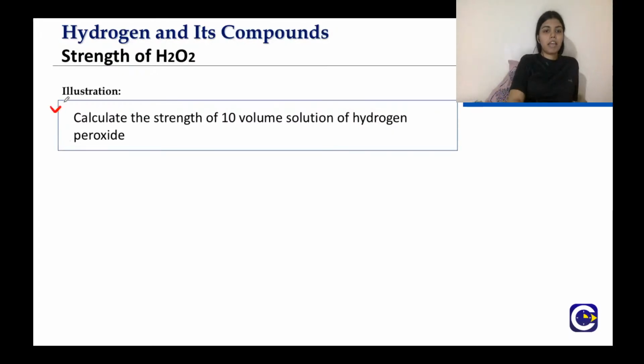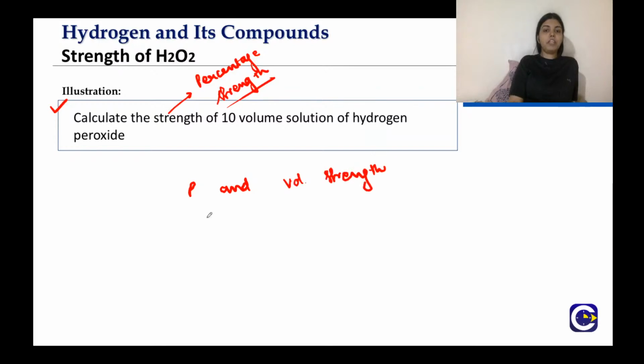Next question is, calculate the strength of 10 volume solution of hydrogen peroxide. Strength means percentage strength you have to find out. Remember the formula? What was the relation between P and volume strength?